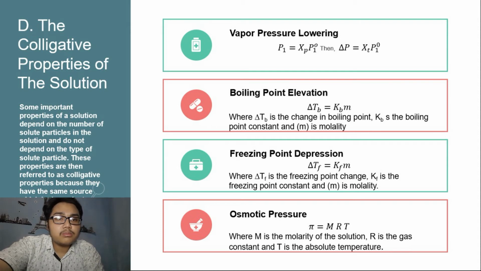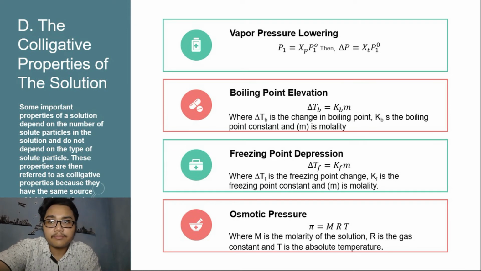Because the solution is more irregular than the pure solvent, the difference in irregularity between the solution and the vapor is smaller than between the pure solvent and the vapor. So the solvent molecules are less likely to leave the solution than to leave the pure solvent to become vapor, and the vapor pressure of the solution is smaller than the vapor pressure of the pure solvent.